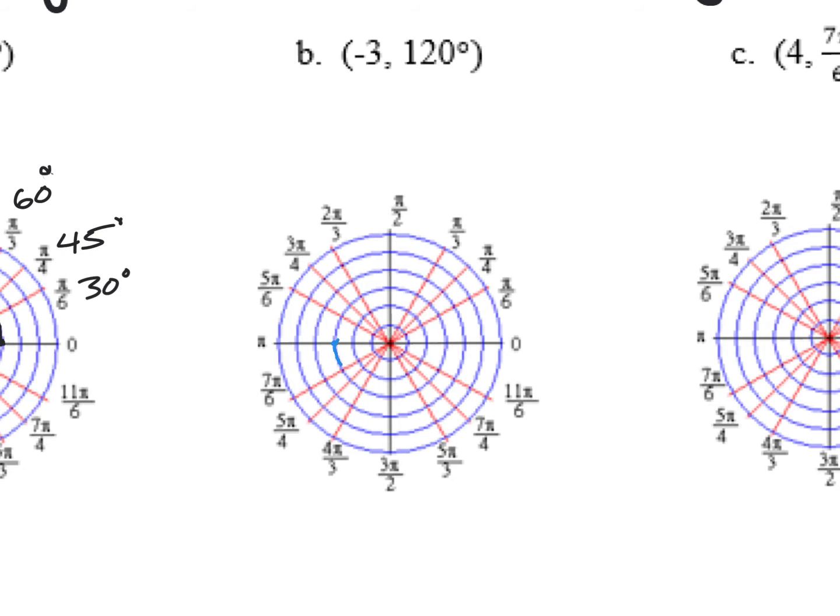So there would be 30, 60, 90, 120, and there's my spot right there. Okay? It gets a little bit confusing because it's in radians, but I'm still going off of every pi over 6 is like 30 degrees, okay?